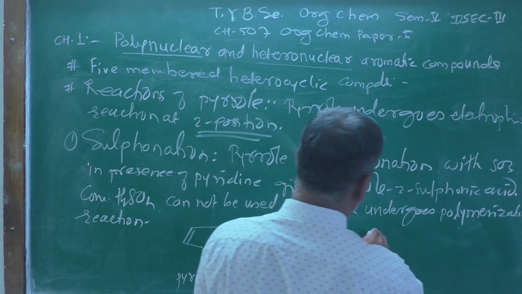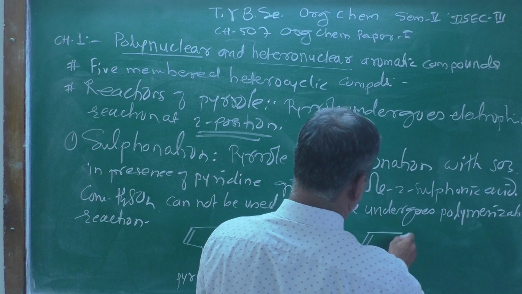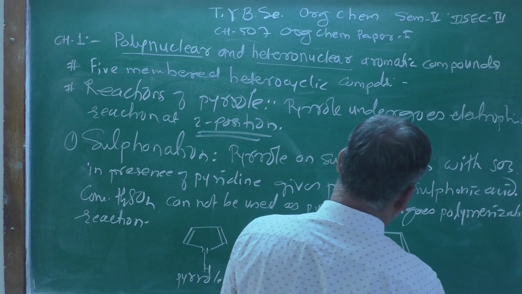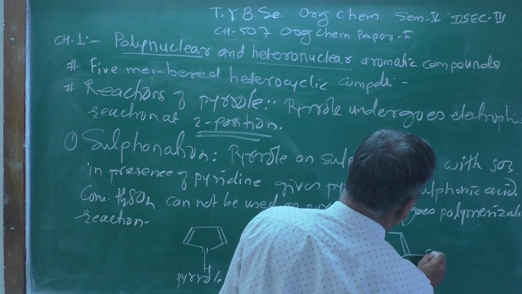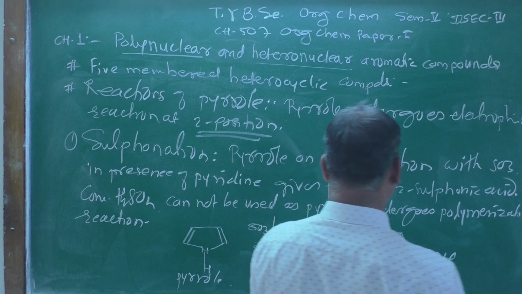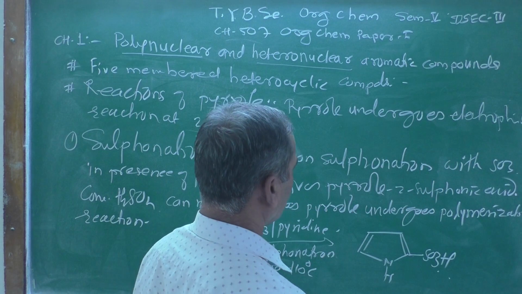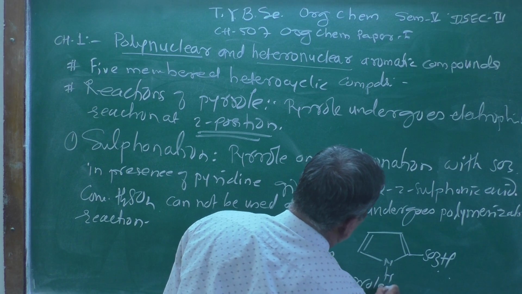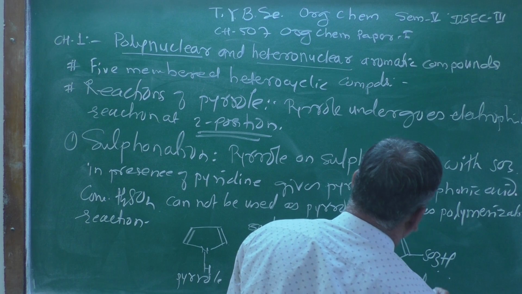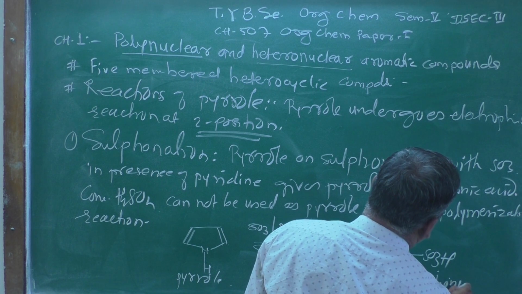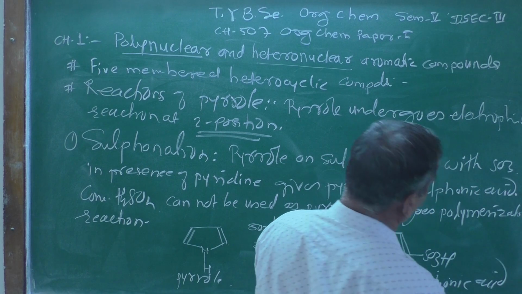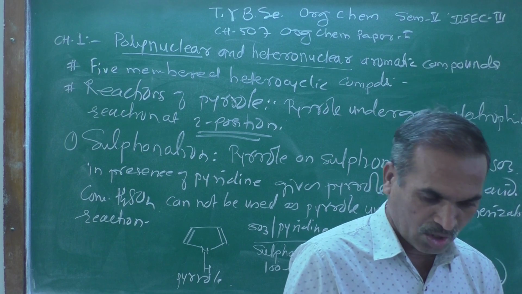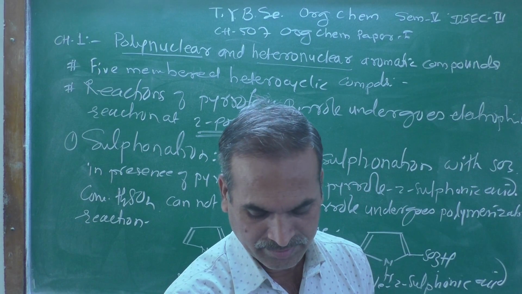The reaction smoothly takes place, giving a high yielded product, that is SO3H. This compound is known as pyrrole 2-sulfonic acid, which is the product we have got in this case.